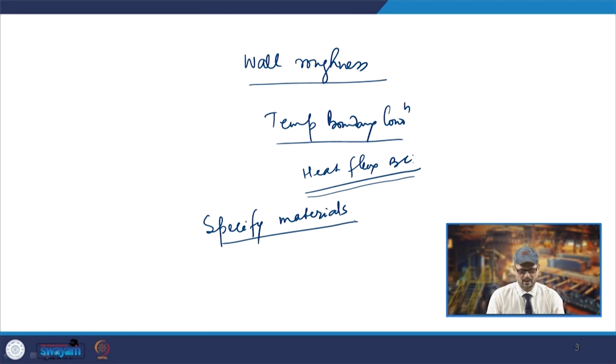These need to be specified. Now, the issue is that they can have a constant value, or they may depend upon the temperature. Most of the tools have a provision to define these properties so that they vary with temperature.